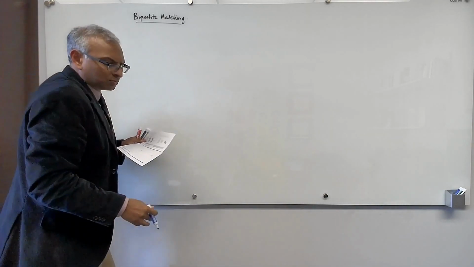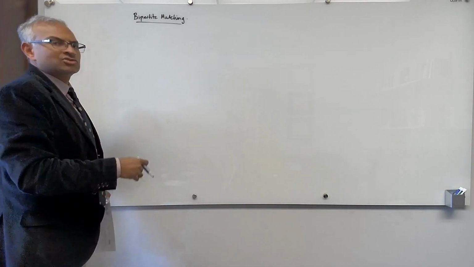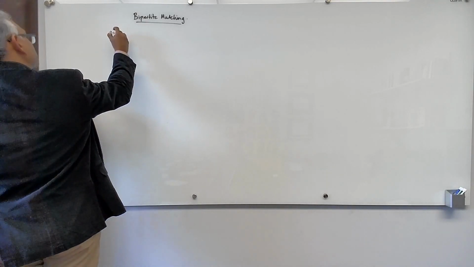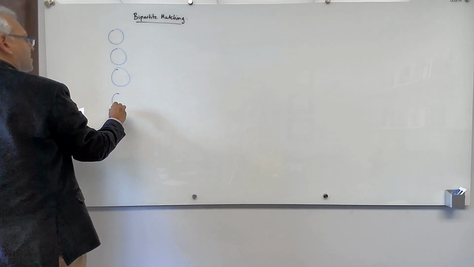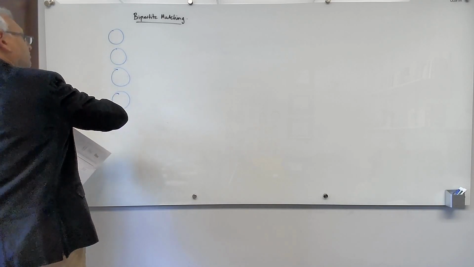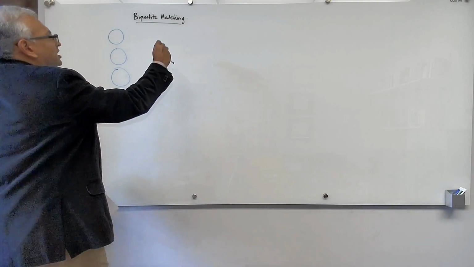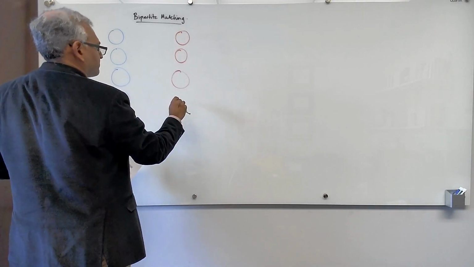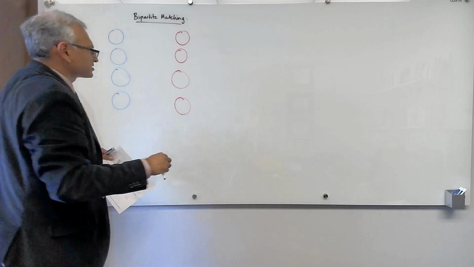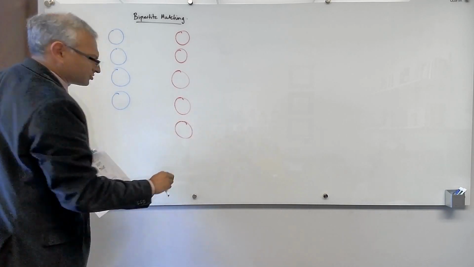And we'll move to a new application: resource allocation. You have tasks, which I'll put in blue. You have 4 tasks, and the resources that you can use to do these tasks, I'll put in red. Let's say you have 5 resources.